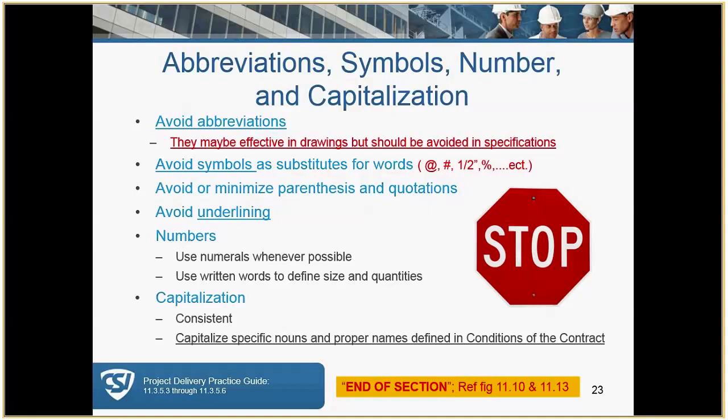It used to be because of poor photocopying. But the fact is that in specifications, unlike drawings, you could spell out the entire word. It helps clarify things, making sure people don't have a misunderstanding of what that abbreviation means or what that symbol is about.